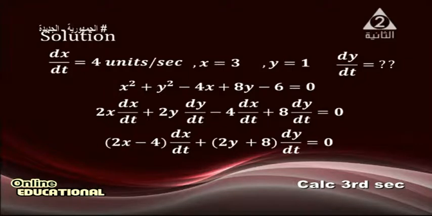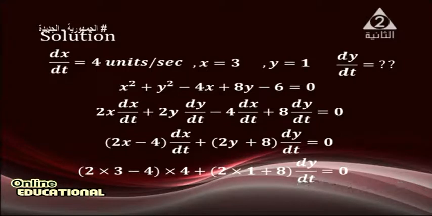We know that dx/dt equals 4, x equals 3, and y equals 1. We can substitute in this relation: (2 times 3 minus 4) multiplied by 4 plus (2 times 1 plus 8) multiplied by dy/dt.